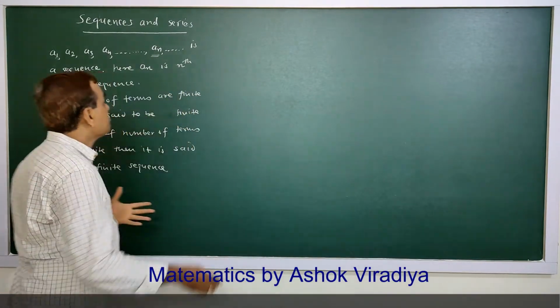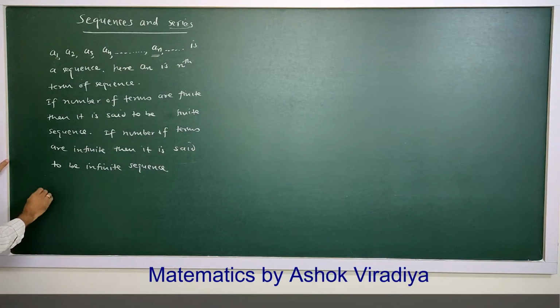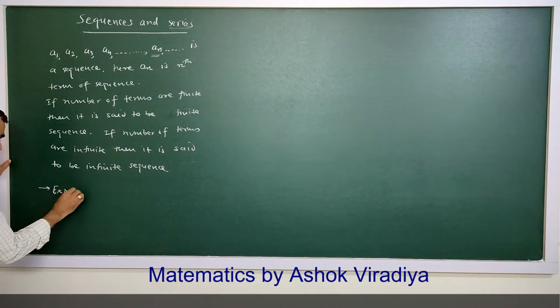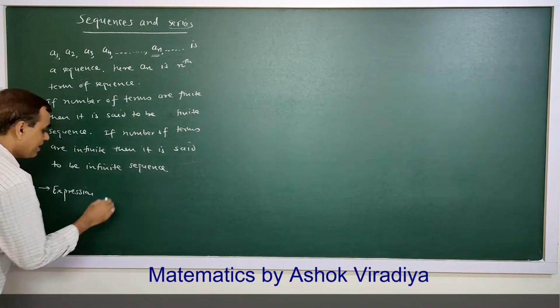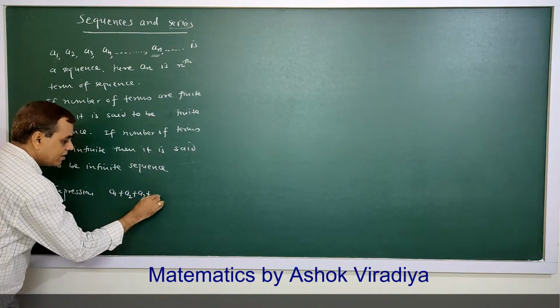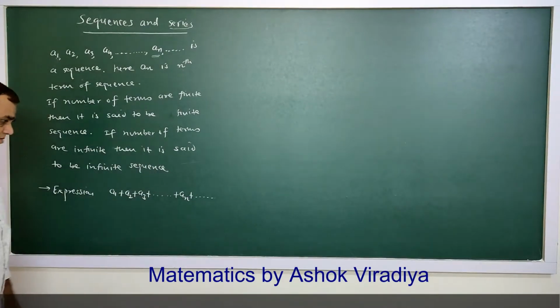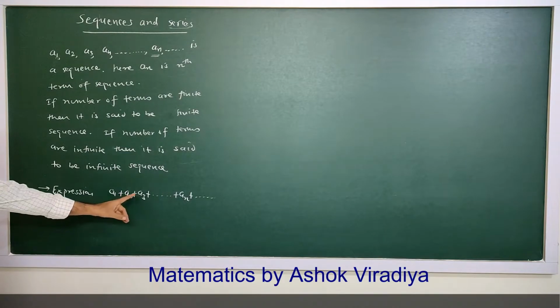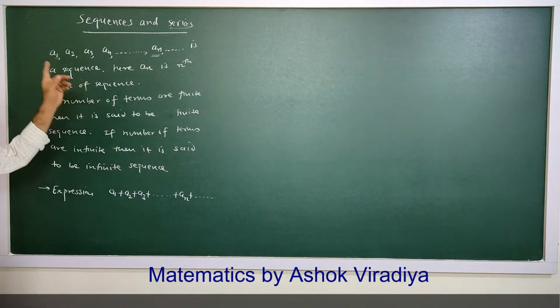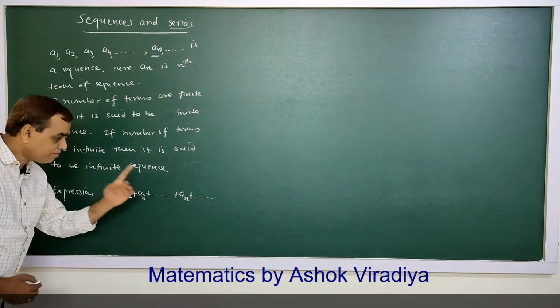Now the meaning of a series, the next word is series. Say, I am putting an expression: a1 plus a2 plus a3 plus an plus and so on. It indicates the sum of terms of this sequence.